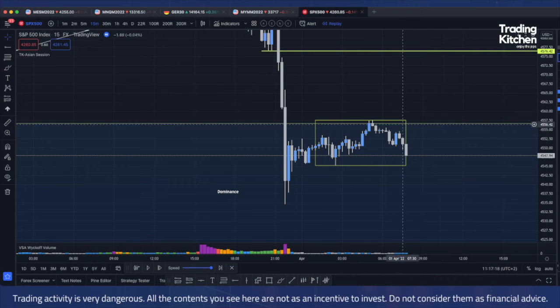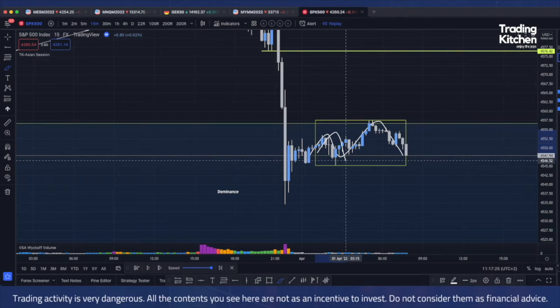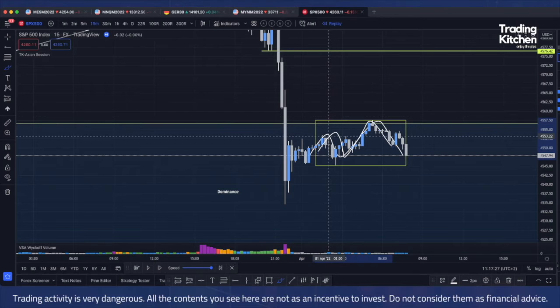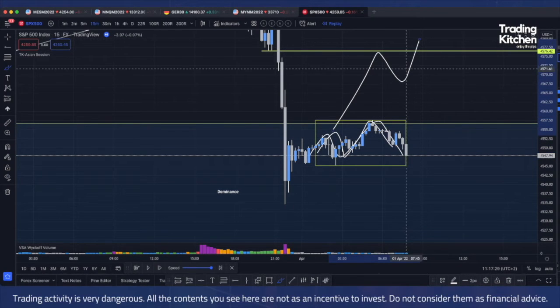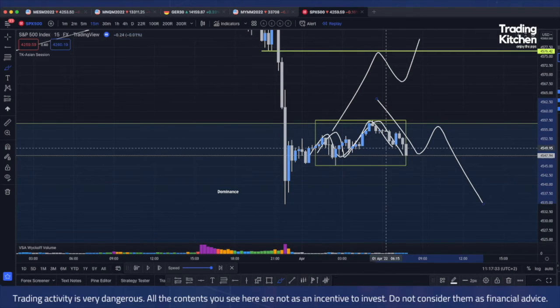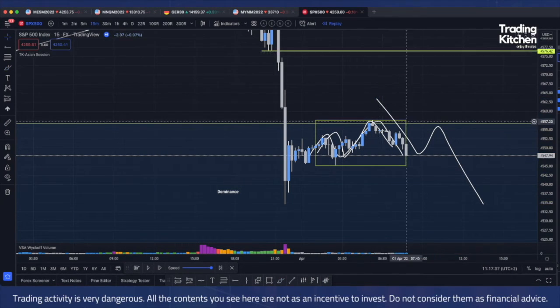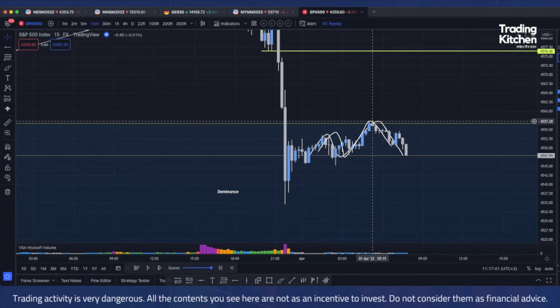Okay, so when I see this Asian session like this, that this range is not directional. Okay, it's not like this, but is like this, it means that there is no manipulation yet, so we have to wait a clear manipulation, okay?